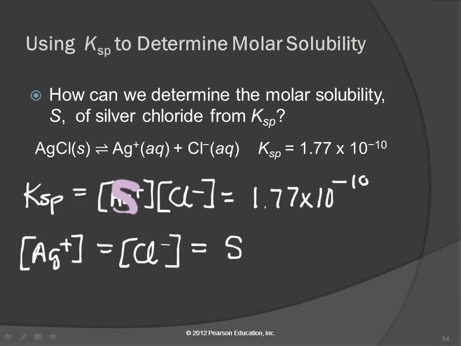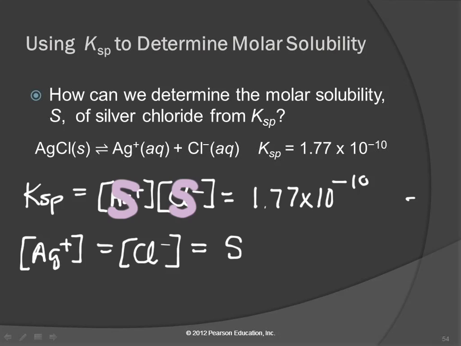There's S, and then the chloride also equals S. Right? Because the silver ion concentration is equal to the chloride ion concentration, and they each equal S. So I'm just putting S in for them in the equation. So then this number is equal to what?